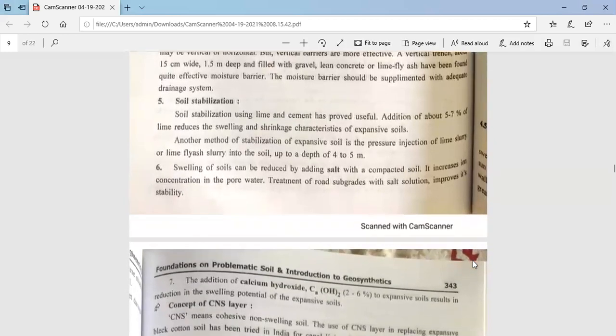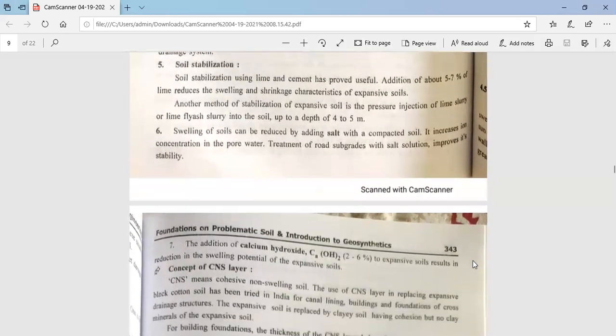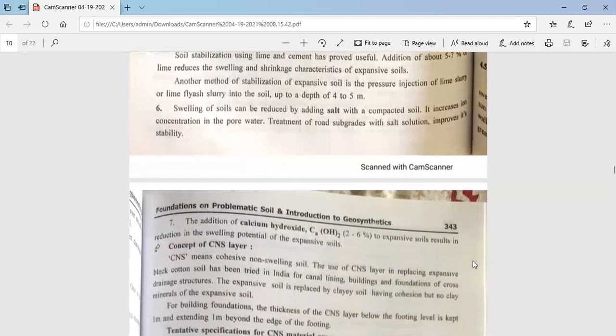The fifth one is soil stabilization. Soil stabilization using lime and cement has proven useful. An addition of about 5 to 7% of lime reduces the swelling and shrinkage characteristics of expansive soil. Swelling of a soil can be reduced by adding salt to a compacted soil, and it also increases the ion concentration in the pore water.